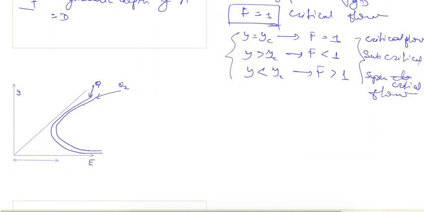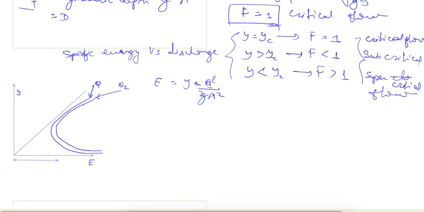Now the next is our specific energy versus discharge. Now in the same equation, E is equal to y plus q square upon 2g A square. If instead of q, I say specific energy E is constant, and from this curve I can denote it as, I am putting a certain value of E here.